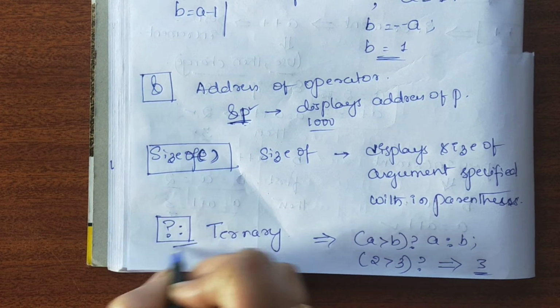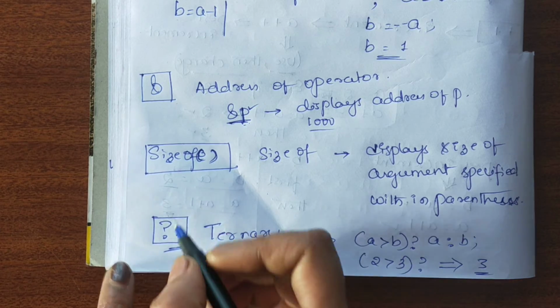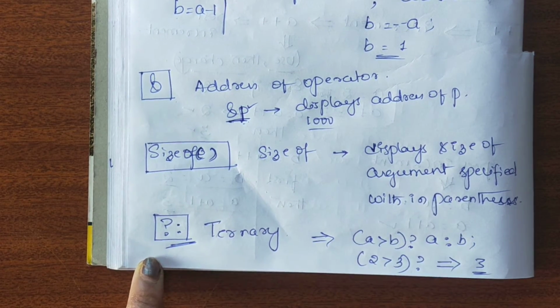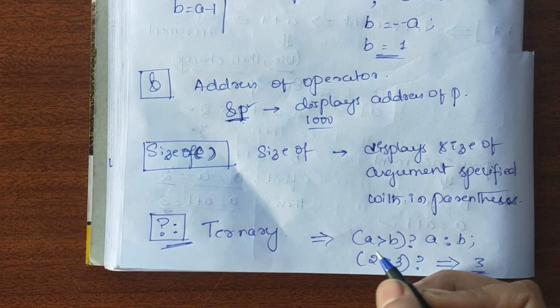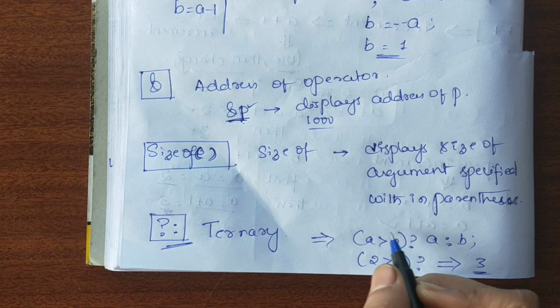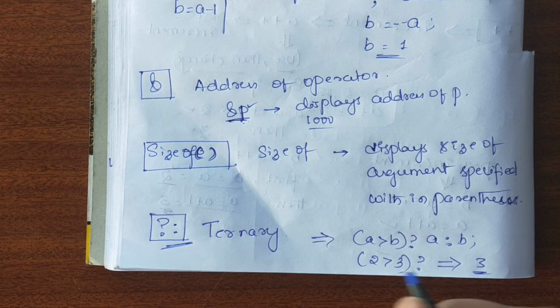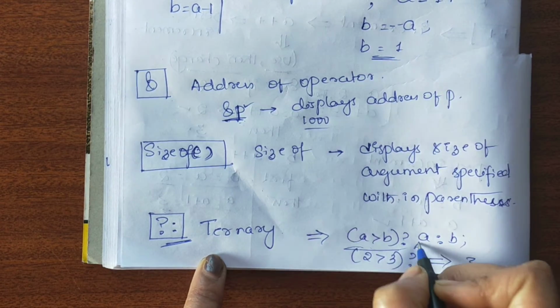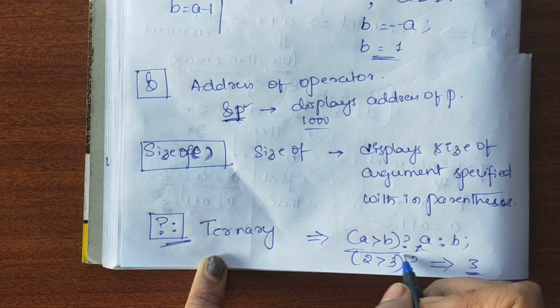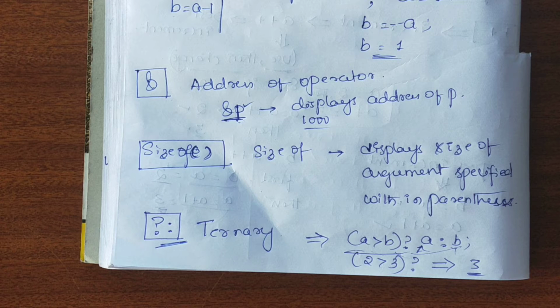Then this is the ternary operator, question mark colon. So how to use the ternary operator? We first check the condition. If a is greater than b, question mark a or b. If this condition becomes true, we execute a. If this condition becomes false, then we print the b value. Suppose a value is 2 and b value is 3.